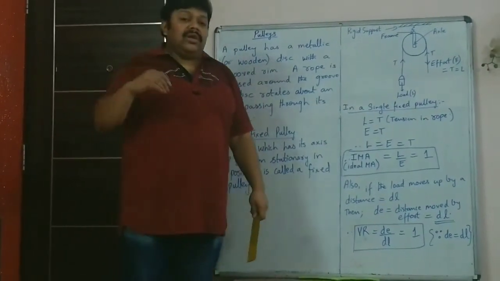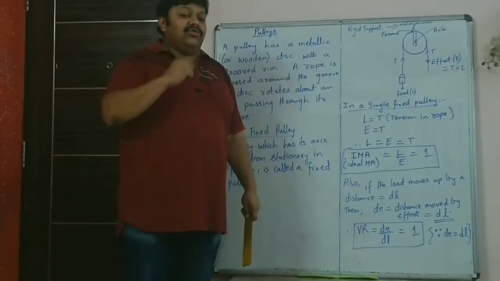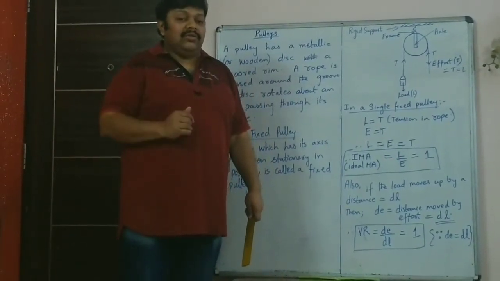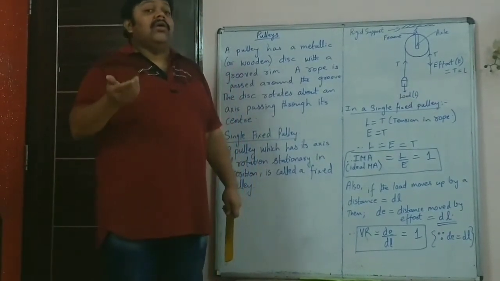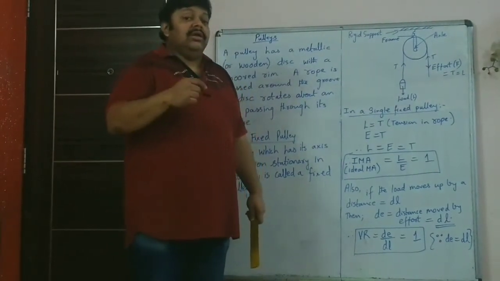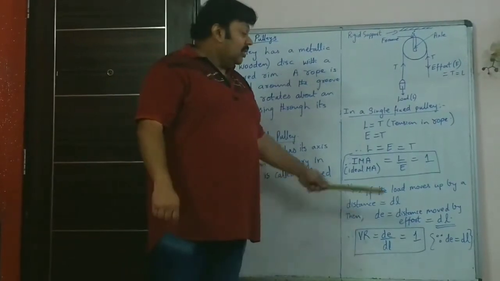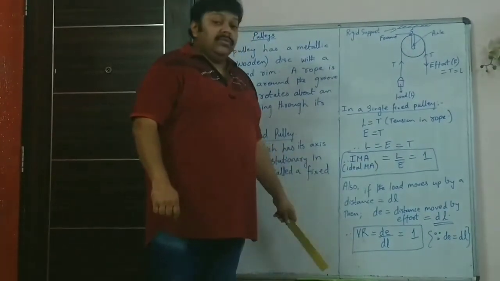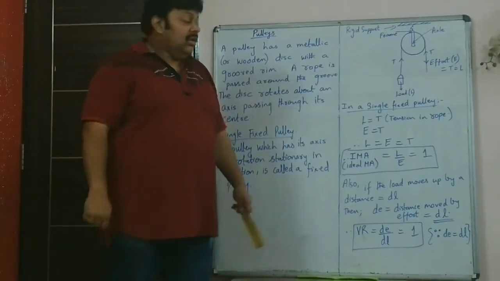You had seen at the start of the chapter the distinction between ideal machine and actual or practical machine. For an ideal machine we consider efficiency is 1 or 100%. And one of the formulas for efficiency was MA upon VR. So if MA and VR are equal, then efficiency is 1.